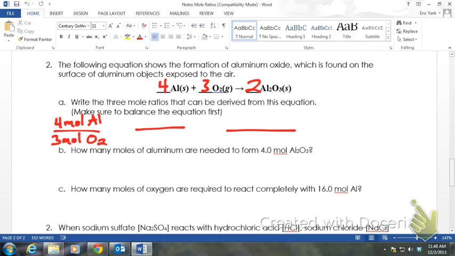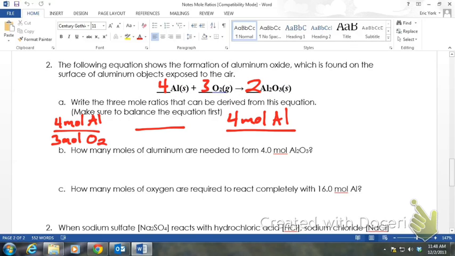Now the second one that we're going to compare is this one and this one. So what goes on top? And what goes on bottom? As I said, we're comparing this one and this one. 2.